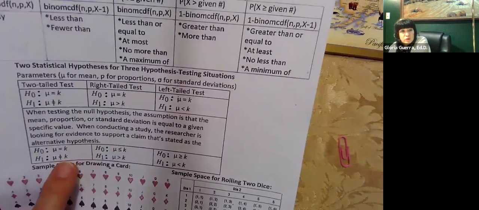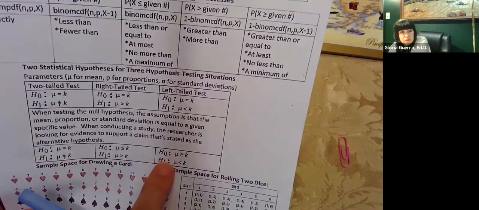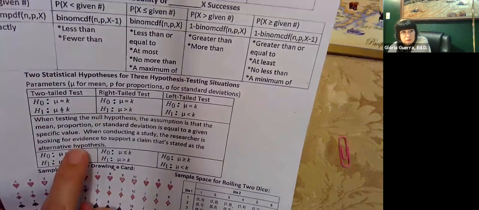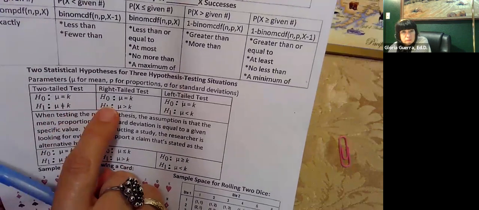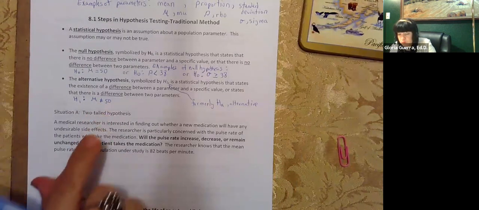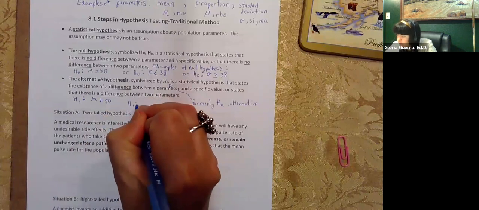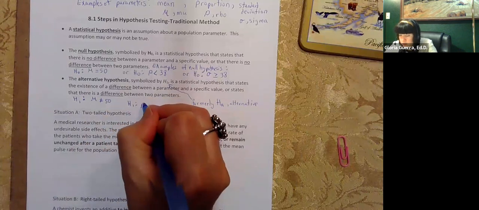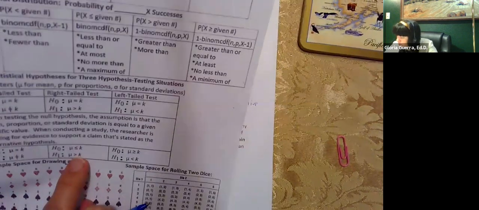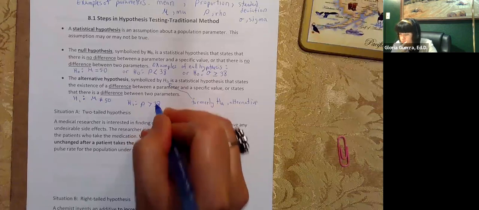I couldn't put equal because if you look on the bottom of h sub 1, see your choices down here. Even if you look up here, see your choices for h sub 1. You see you are limited. So I couldn't say this was mu equal to 50. That wouldn't work. So I could say h sub 1, and if I want to do a proportion, I could say greater than a number. So I could say greater than 38, for example.